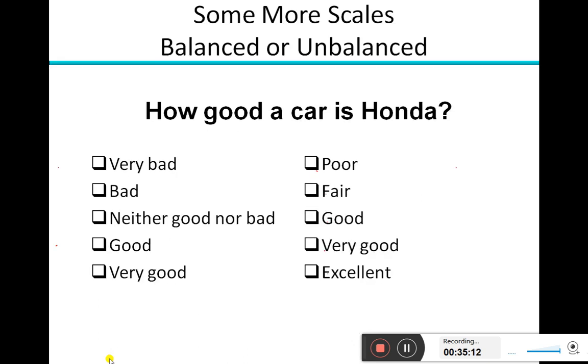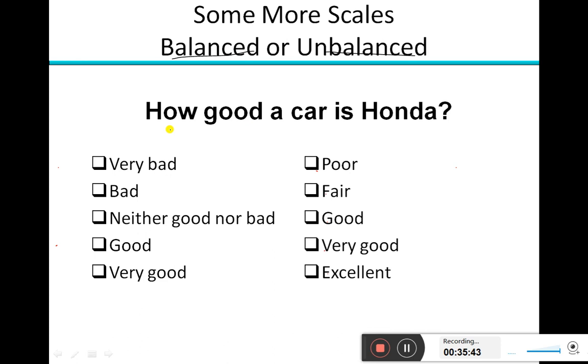Dear students, now we will discuss some more scales. Now we have balanced or unbalanced scales. By the name it is clear that one should be balanced and one should be unbalanced. Let us go directly to an example, which will make your idea fully clear.